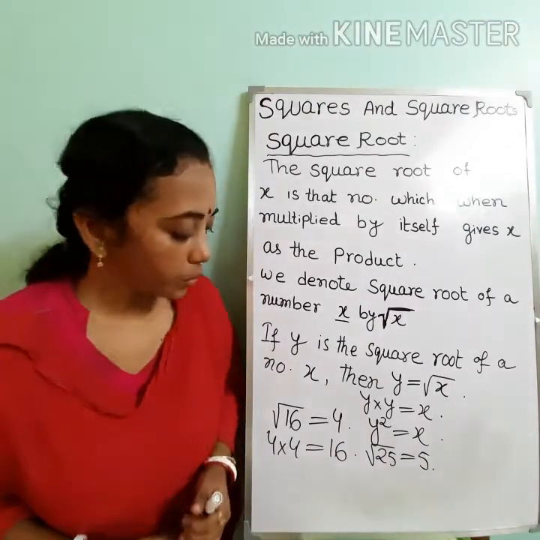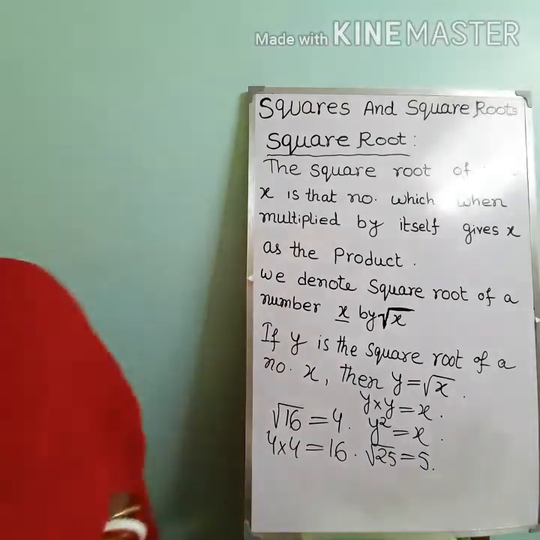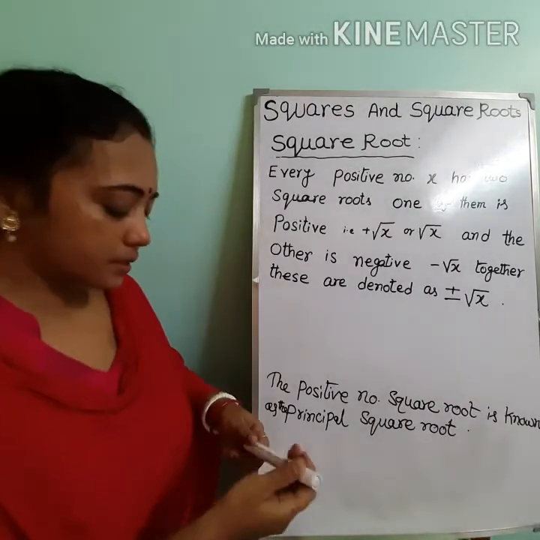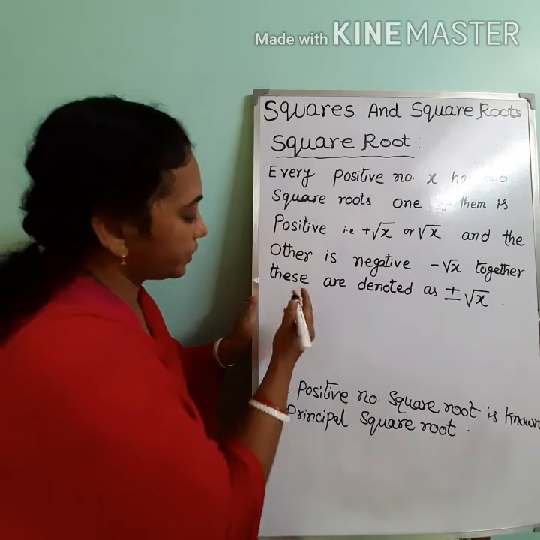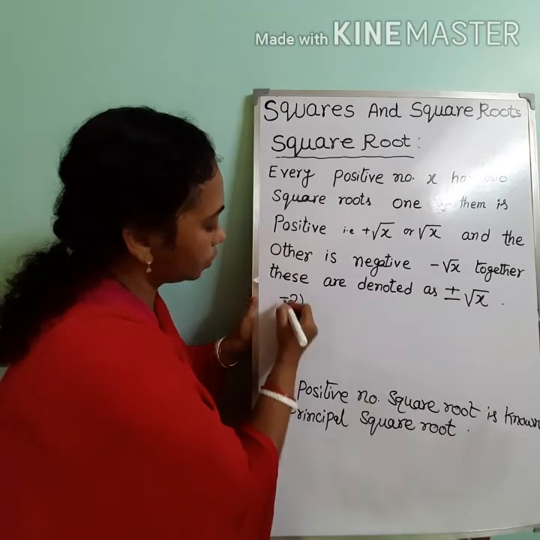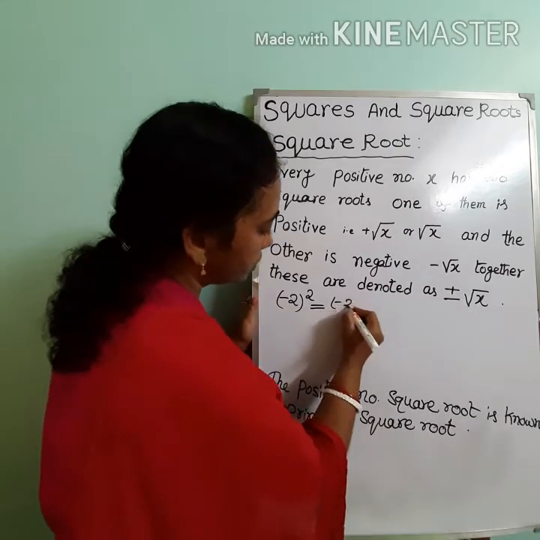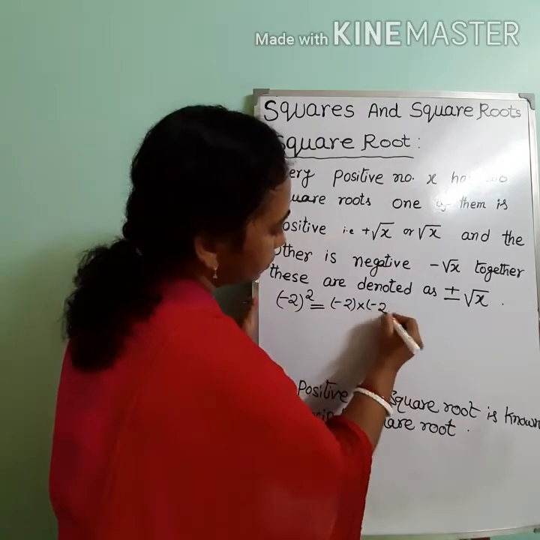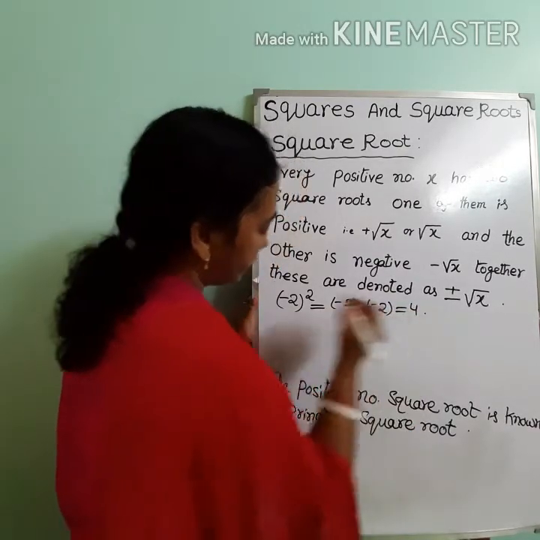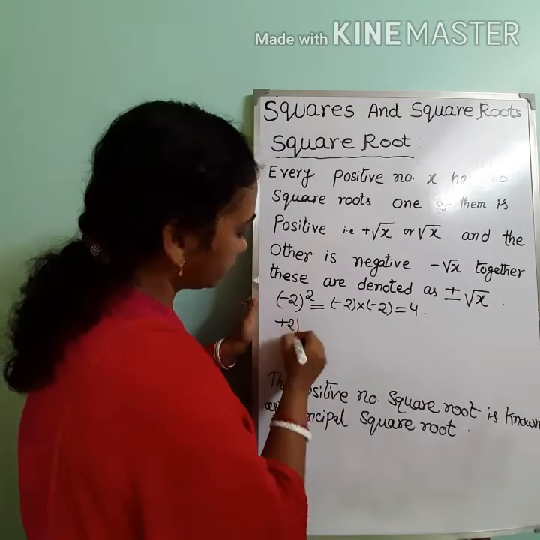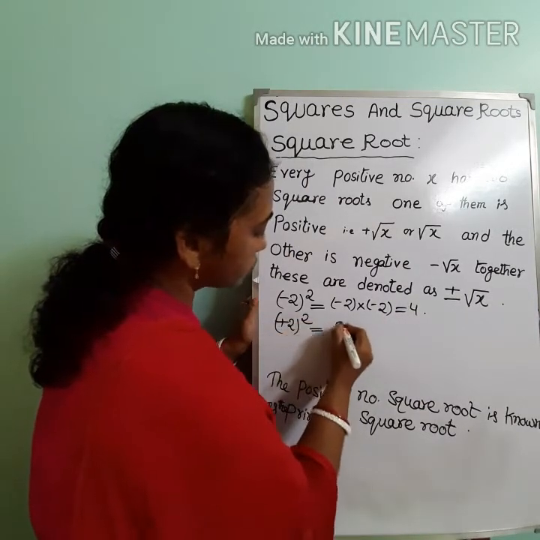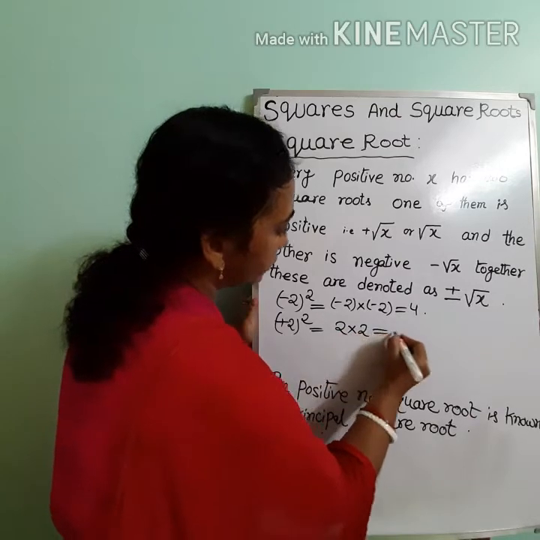Let us see some more examples. Suppose I write minus 2 whole square. It means minus 2 is multiplied by minus 2, so it will come 4. If I write plus 2 whole square, or only 2 square, that means 2 is multiplied by 2. It will give 4.